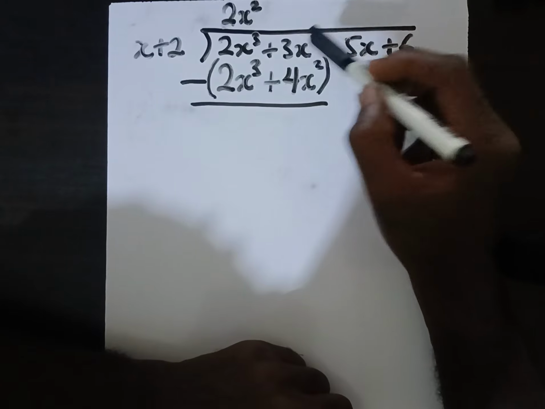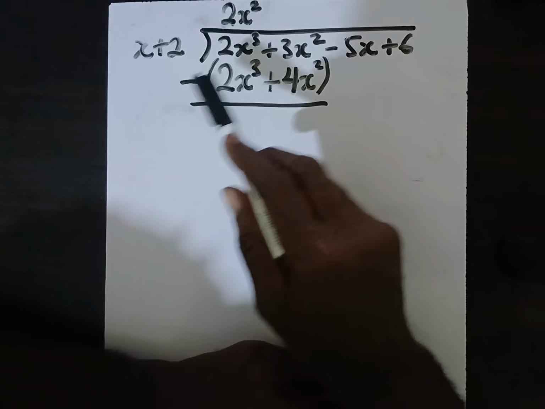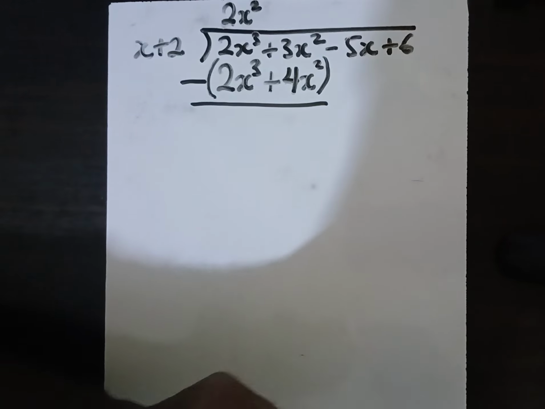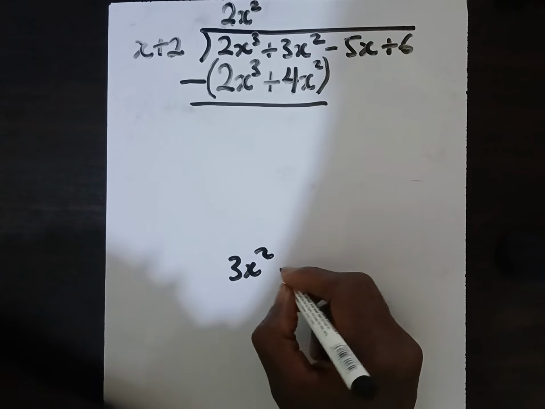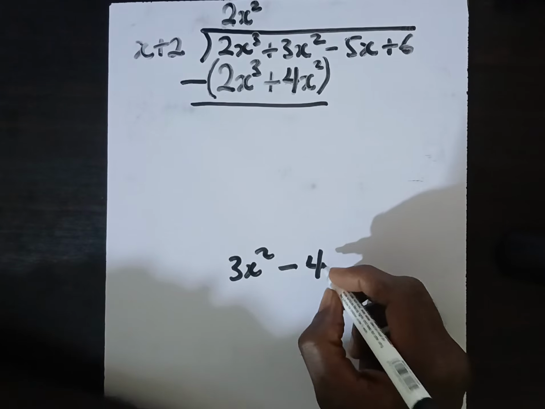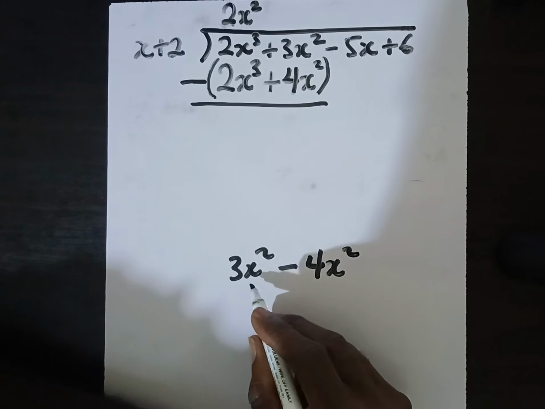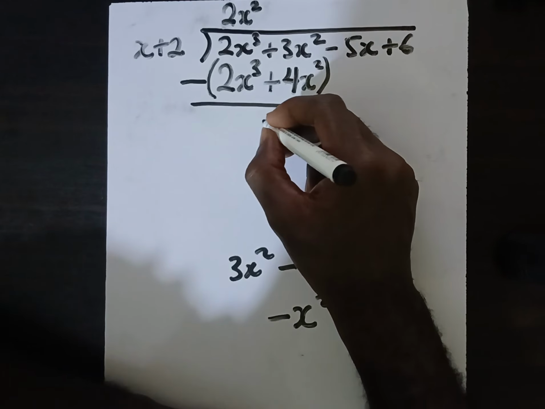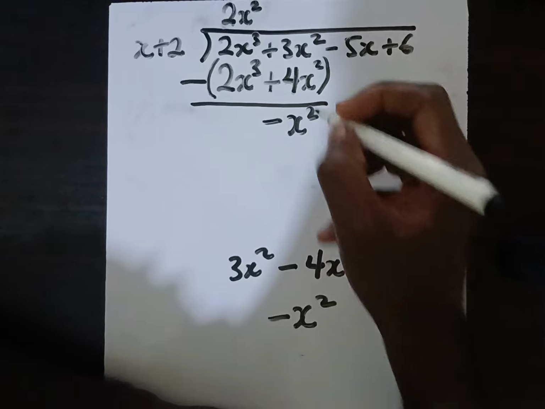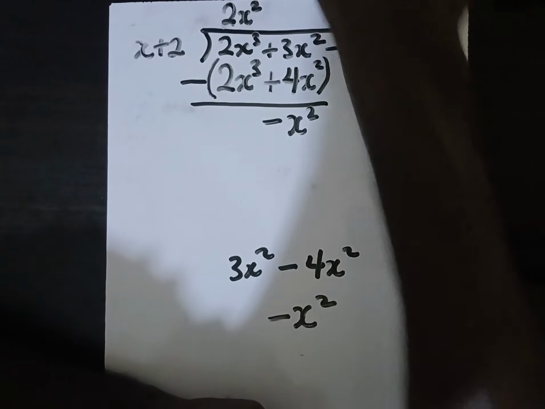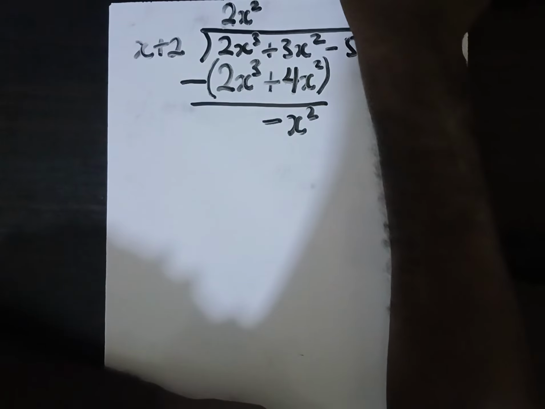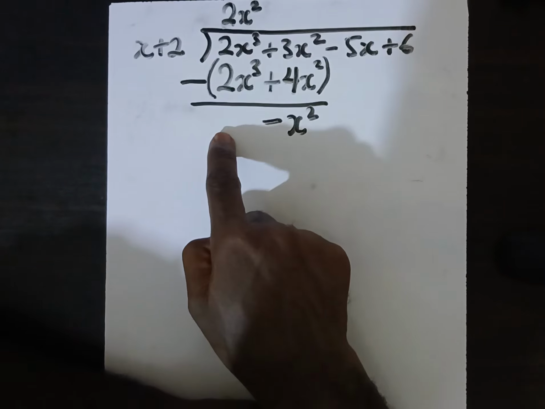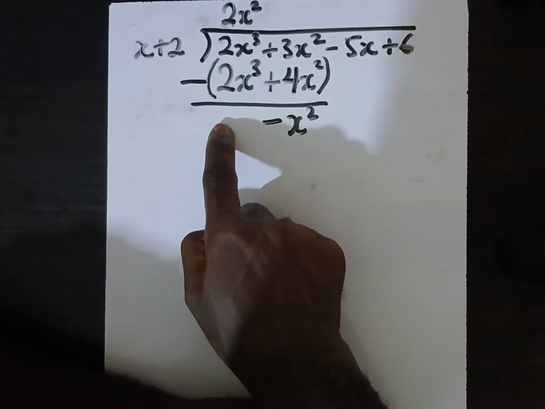So 3x squared minus 4x squared is going to give you negative x squared. So that is what you write here, negative x squared. And then 2x cubed minus 2x cubed is 0, so there is no need to write anything here.